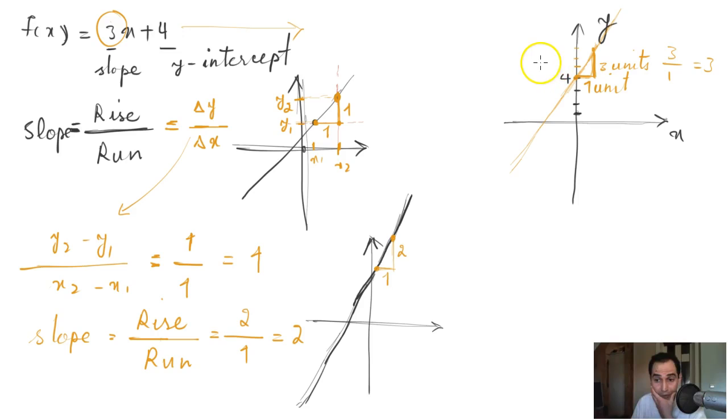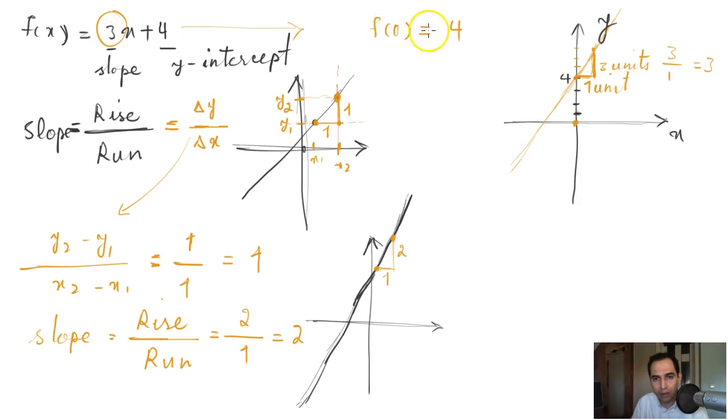So now what happens here is that this function, for example, let's say that the output of the function at x is equal to 0 is equal to 4.